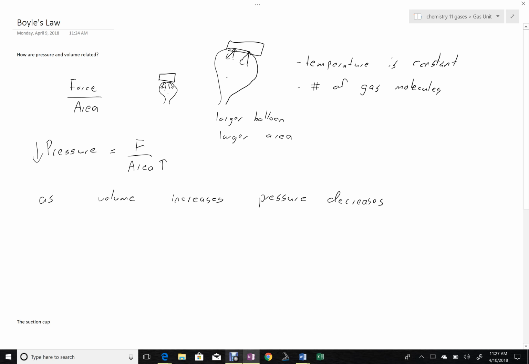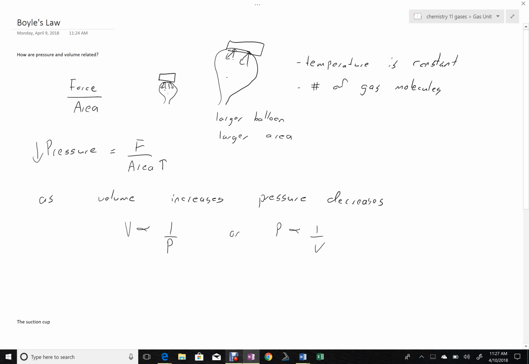Mathematically, we call this an inverse relationship. And this is just a straight inverse relationship here, where volume is inversely proportional to pressure. Or I could say pressure is inversely proportional to volume.